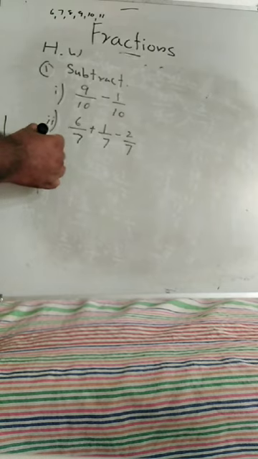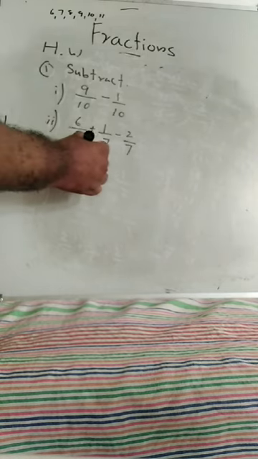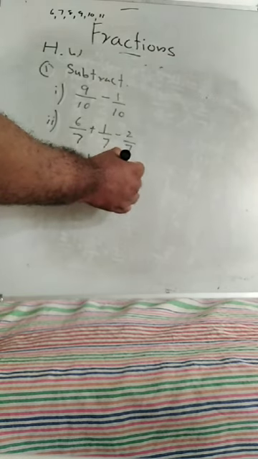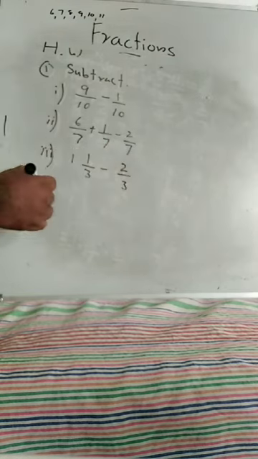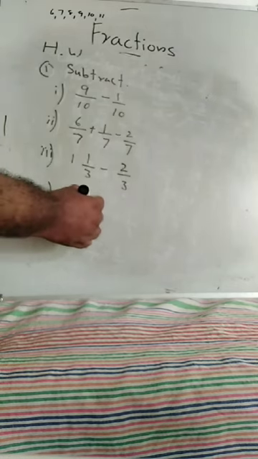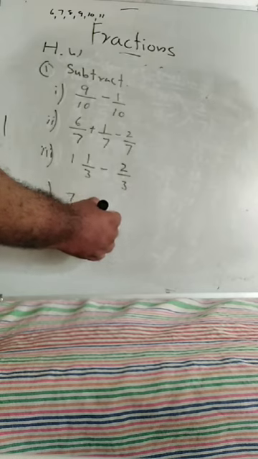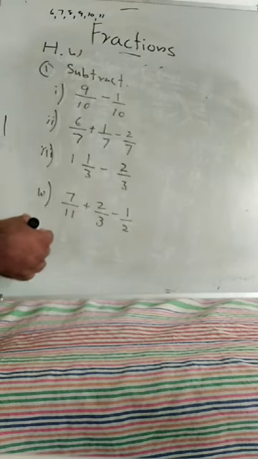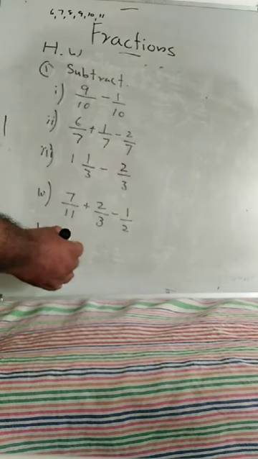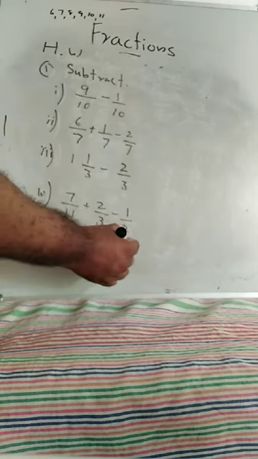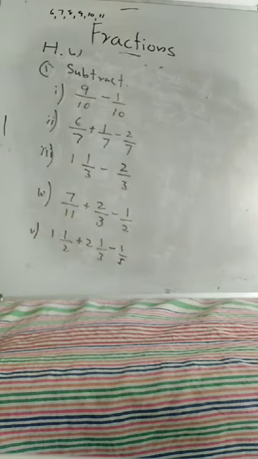Third one, 1 upon 3 minus 2 upon 3. Fourth one, 7 upon 11 plus 2 upon 3 minus 1 upon 2. Fifth one, 1 upon 2 plus 2 upon 3 minus 1 upon 5. Here can you do this?